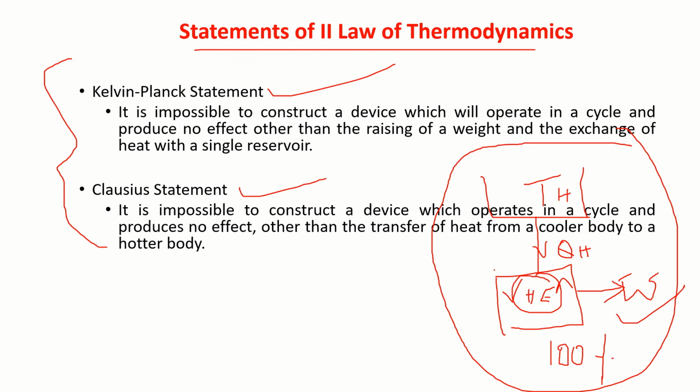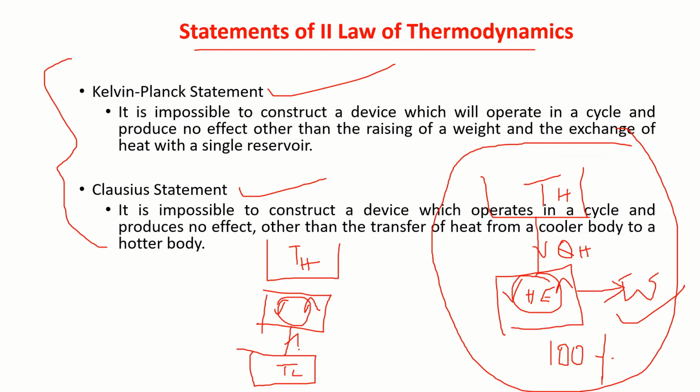Now the other one is the Clausius statement. It is impossible to construct a device which operates in a cycle and produces no effect other than transfer of heat. So you have a colder body, let us say its temperature is TL, and a hotter body at temperature TH.